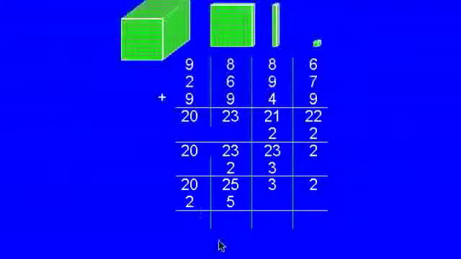And now we combine our thousands. Okay, and then we could have regrouped this over to the tens of thousands, but basically we can read the number as 22,532.